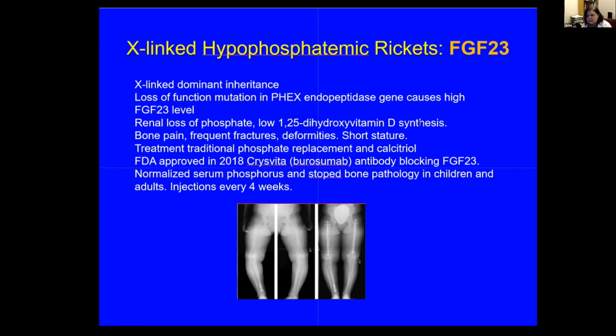Crysvita is available, and they stop having pain and normalize their phosphorus level. They would not tolerate enough phosphorus replacement because it gives them GI symptoms, very profound diarrhea. So it's worth getting the prior authorization for burosumab.